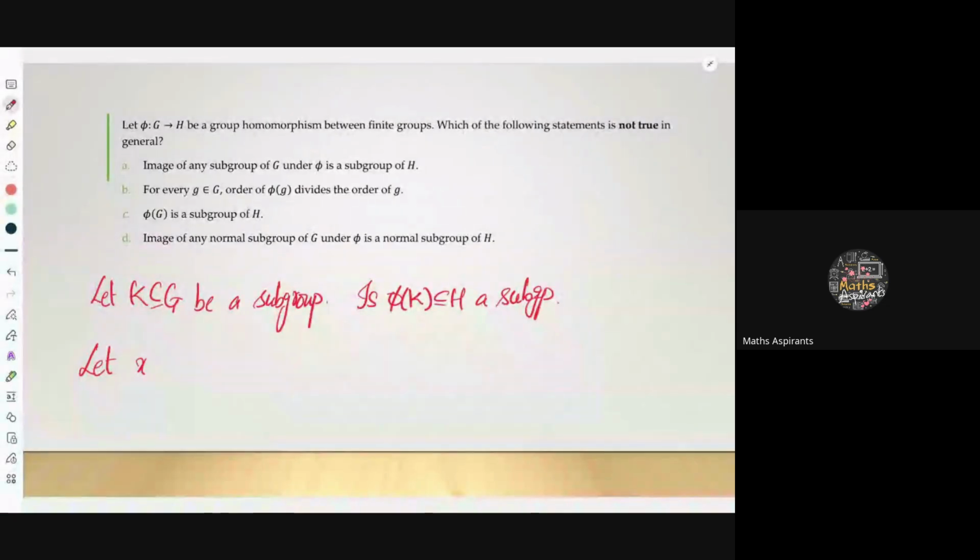Let x comma y belong to phi of K. I'm using the single step test, which is basically xy inverse.